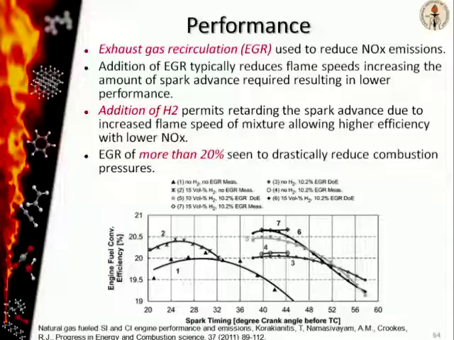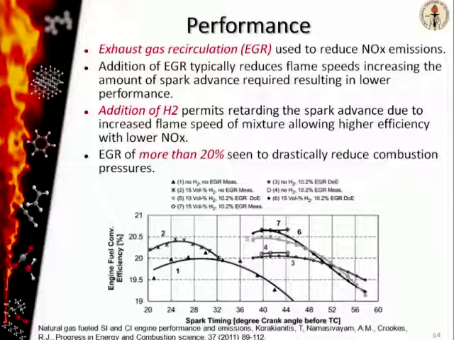Now, if you follow curve 3 or 4, it's basically modified from curve 1, where you still don't have any hydrogen, but you have exhaust gas recirculation. Because you have exhaust gas recirculation, your flame speed decreases, so you have to ignite earlier in the cycle. You're basically pushing your spark timing earlier and earlier into the cycle.